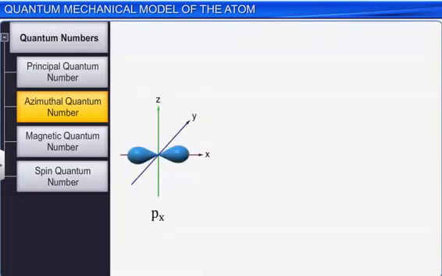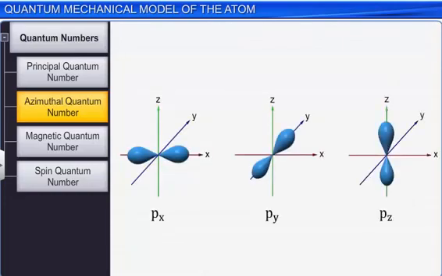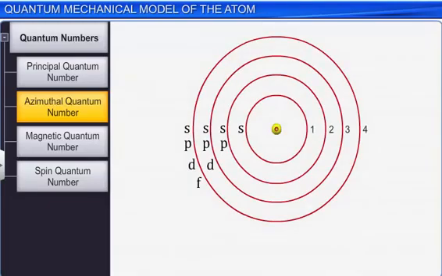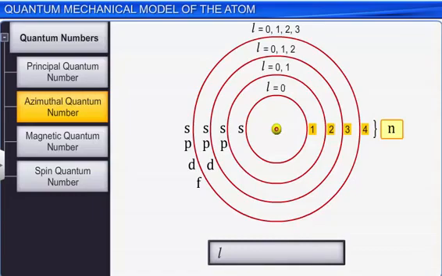It also describes the three-dimensional shapes of orbitals that you will learn about in the next module. For a given value of the principal quantum number n, the azimuthal quantum number l can have n values ranging from 0 to n-1.